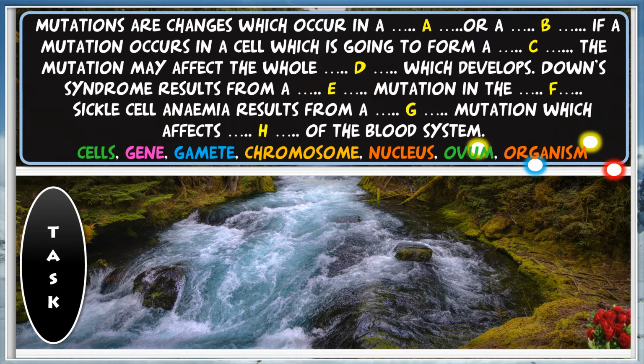Sickle cell anemia results from a dash mutation which affects dash of the body blood system. The words to pick from are cells, gene, gamete, chromosomes, nucleus, ovum, and organism.